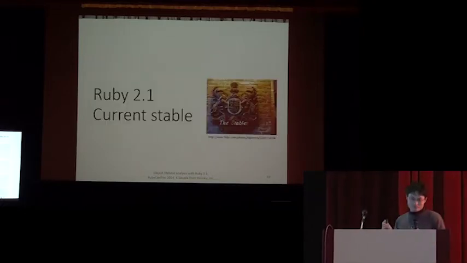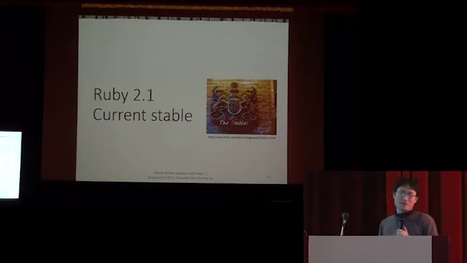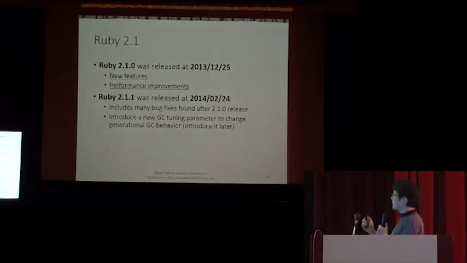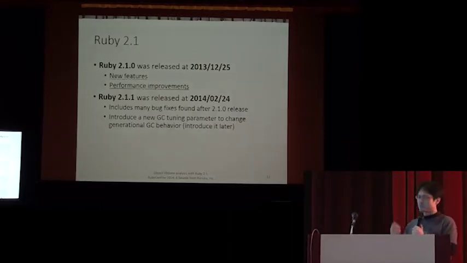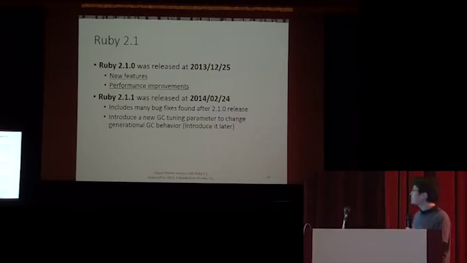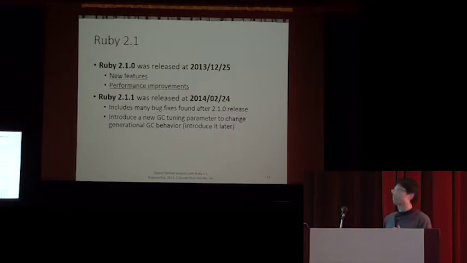So I introduce some of the Ruby 2.1 changes. As Matsumoto-san said in his keynote yesterday, he introduced several features. We released the newest version, Ruby 2.1.1, in February.